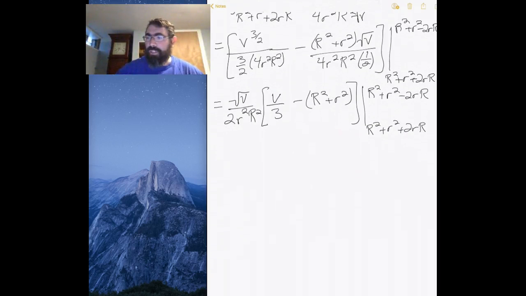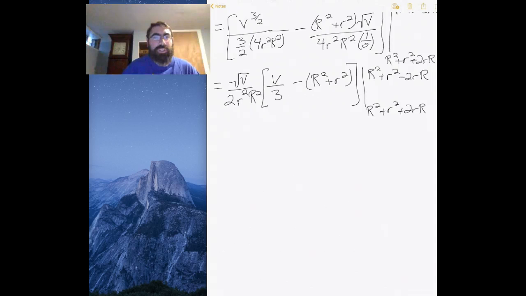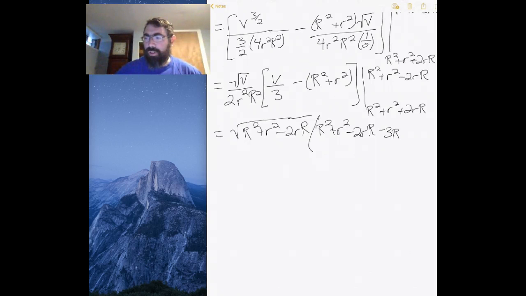Now we can plug it in, which will be the square root of R squared plus lowercase r squared minus 2rR, times R squared plus lower r squared minus 2rR, minus 3R squared minus 3 lowercase r squared, all of that over 3.